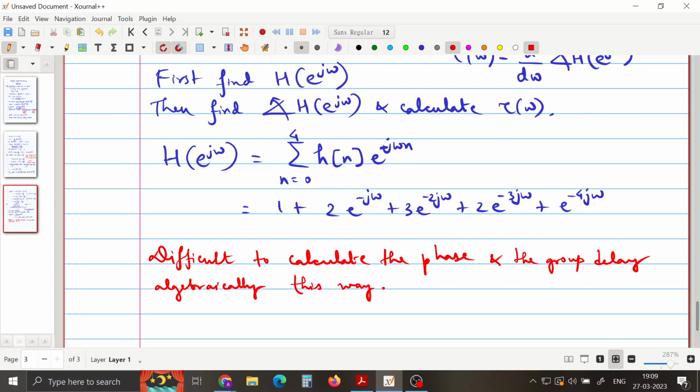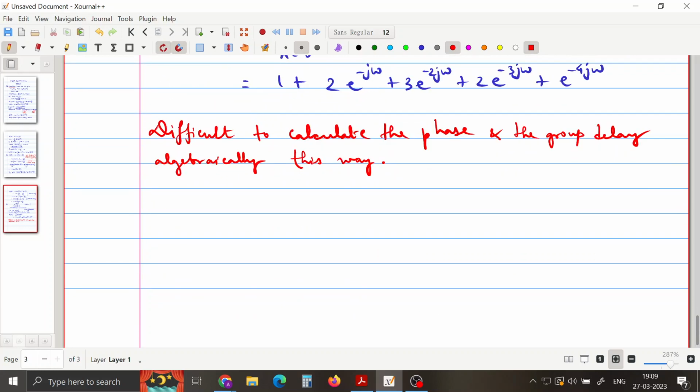So rather, what we will do is we will try to avoid all these big calculations.